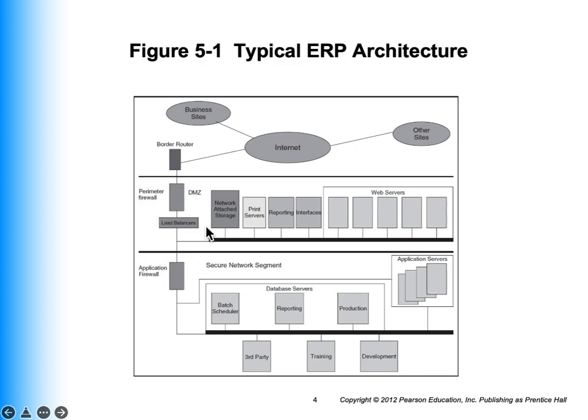As for the perimeter firewall, we have the network, in this case storage, printer, reporting interface, and web server, right? And then we have the border router, where it's connected to the internet, business site, and other site. This could be e-commerce, for example.